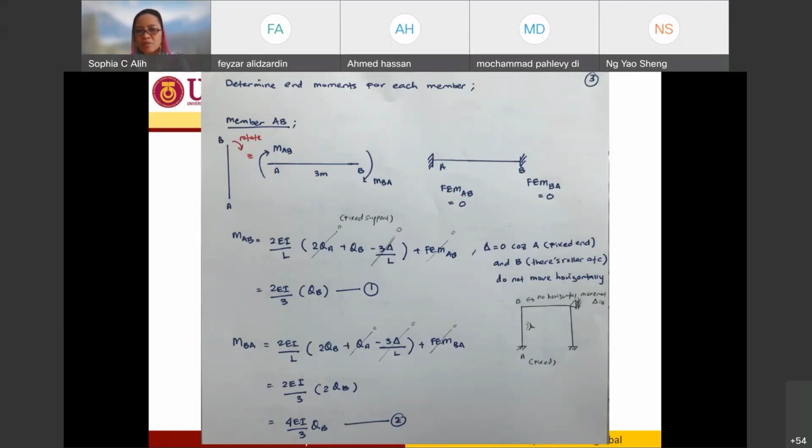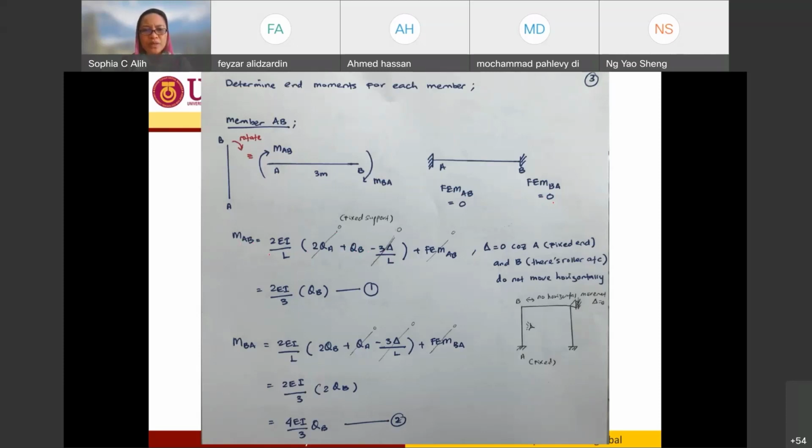So my fixed end moment for AB is going to be 0, and fixed end moment for BA is going to be 0. And using the slope deflection equation, I can determine my end moment using this equation. It is a standard equation, as I have already explained to you in my previous lecture, how we came out with all these parameters, and we just repeat it.